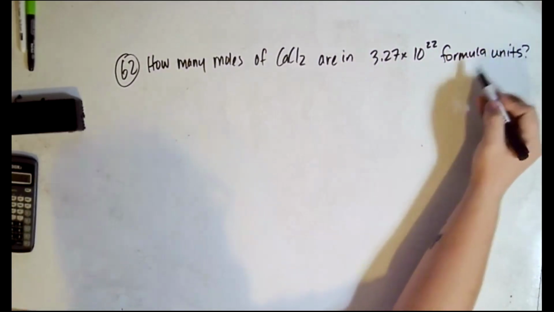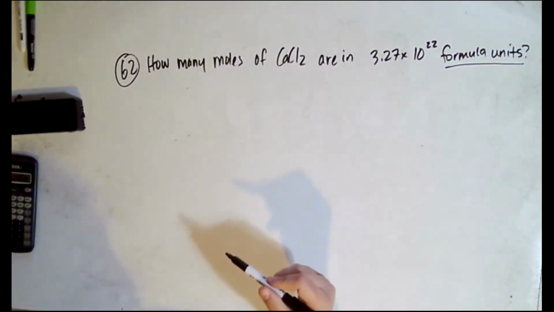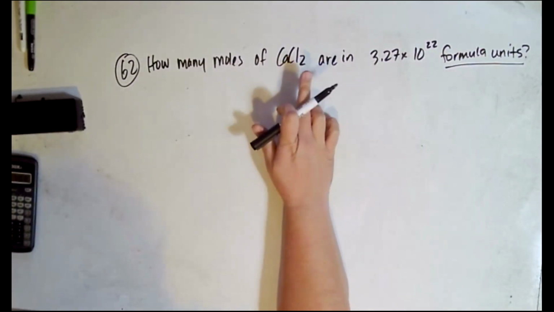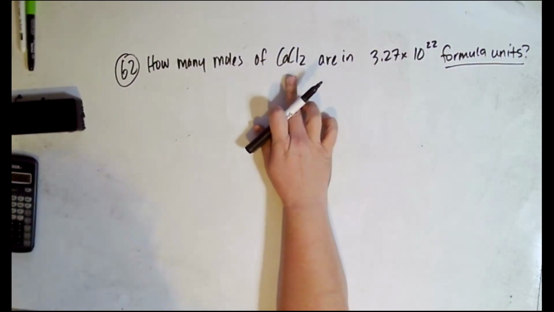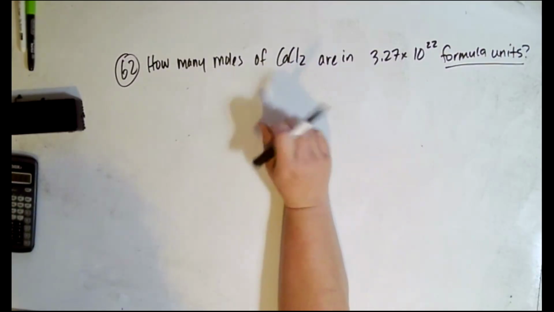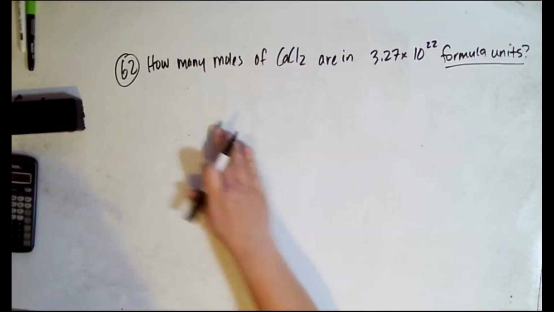Remember that term, formula units, that's the term that we use to describe 1 unit of an ionic compound. So instead of the word molecule, when it's an ionic compound, we use the phrase formula units. But it works the same way as the word molecule works for molecular compounds.